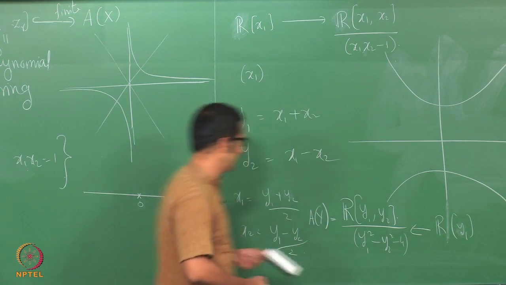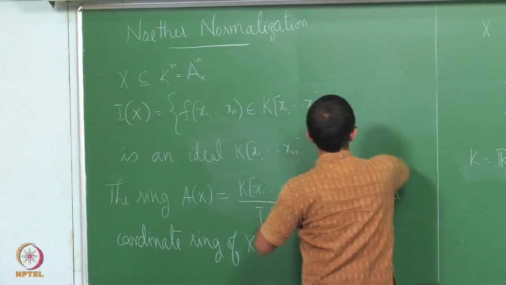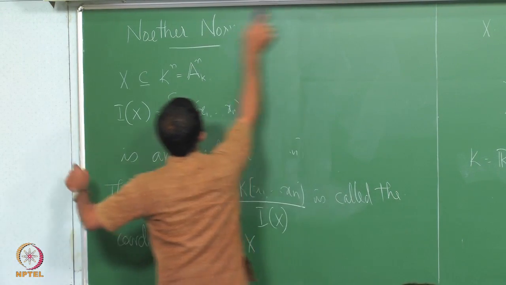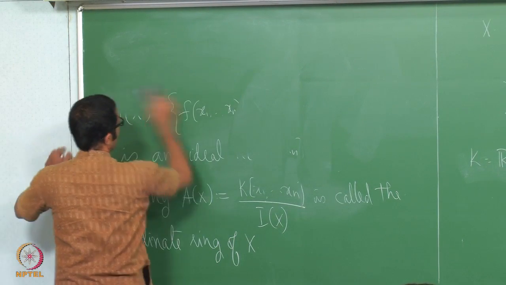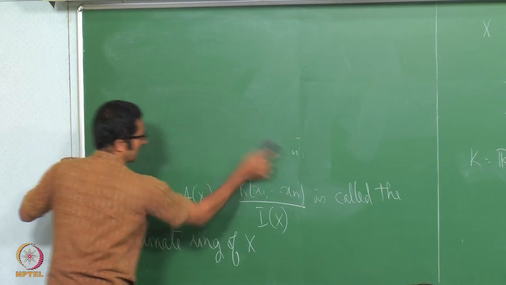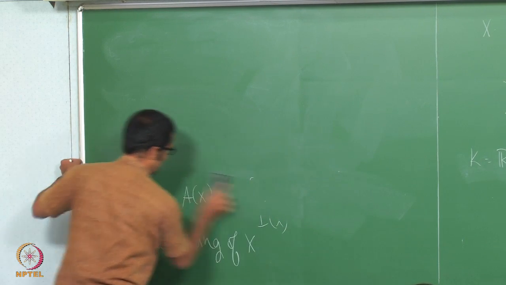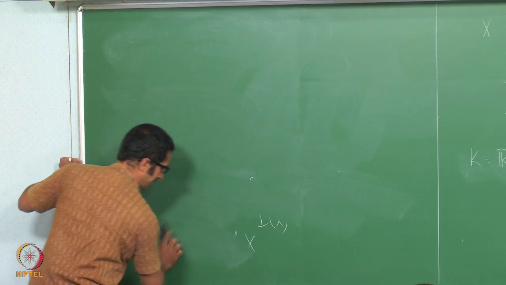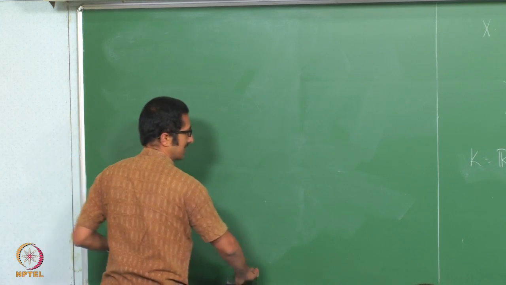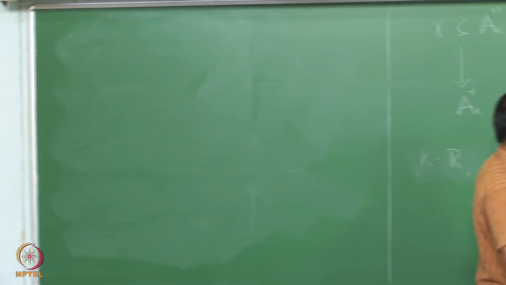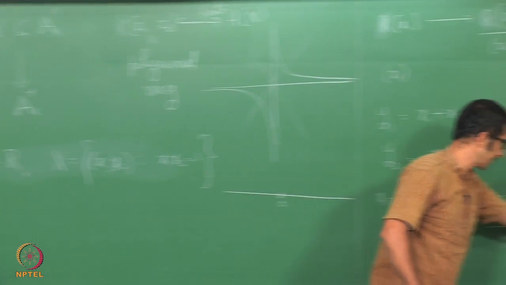So, this gives me a method of getting a finitely generated K algebra as a finite module over a polynomial ring.